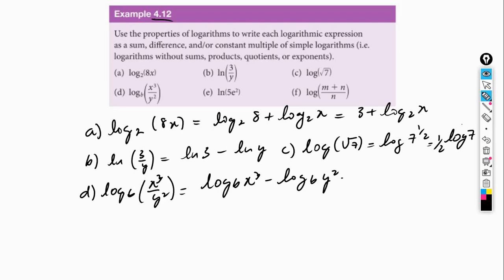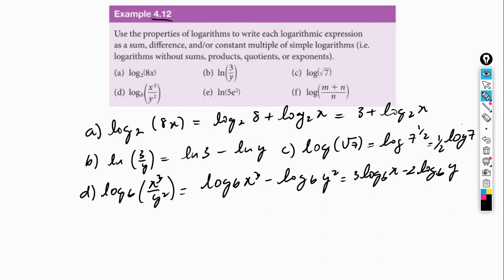And then this would be equal to 3 times log base b of x minus 2 log base b of y.